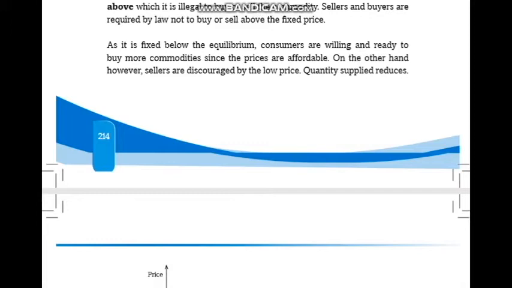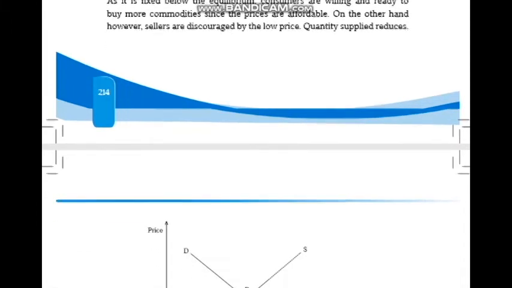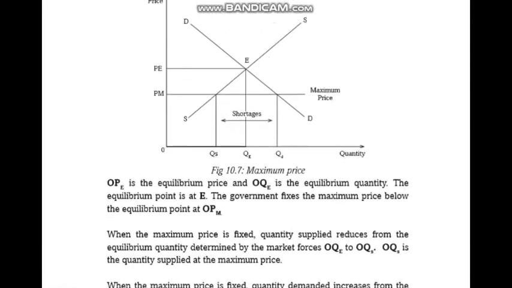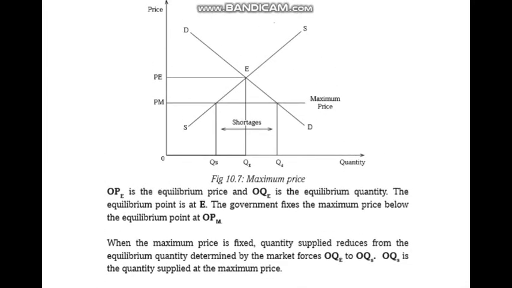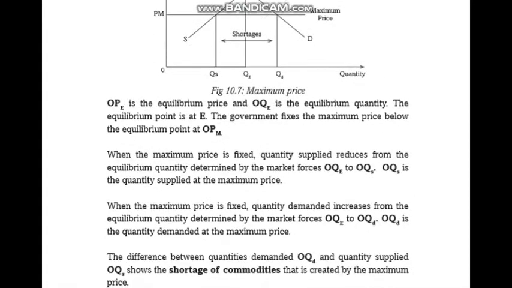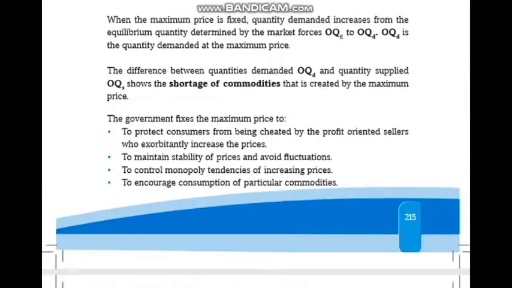On the other hand, however, sellers are discouraged by the low price. Quantity supplied reduces. It is illustrated here. You can see there is a shortage and equilibrium. So, shortage, PE is the price at equilibrium. Maximum price is below price equilibrium. That is indicated by shortages.